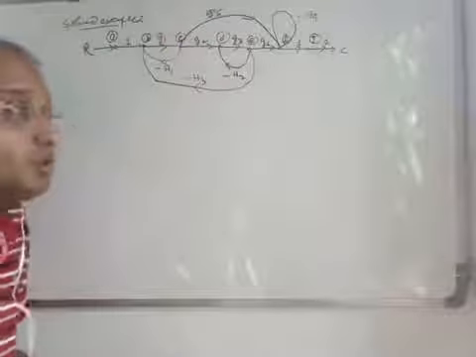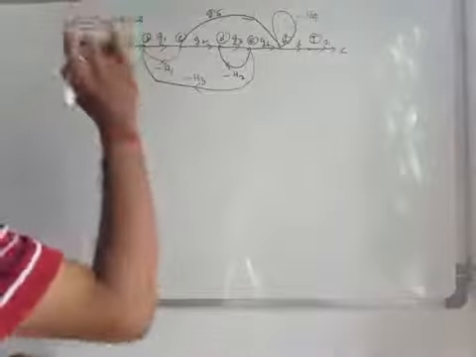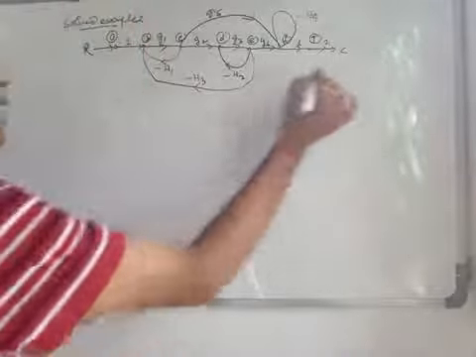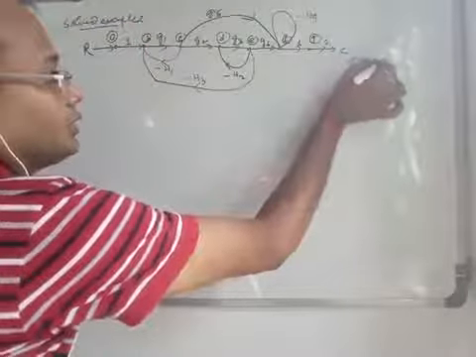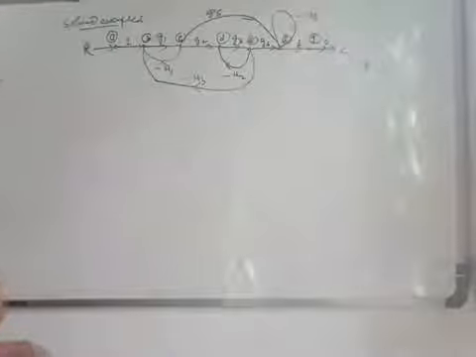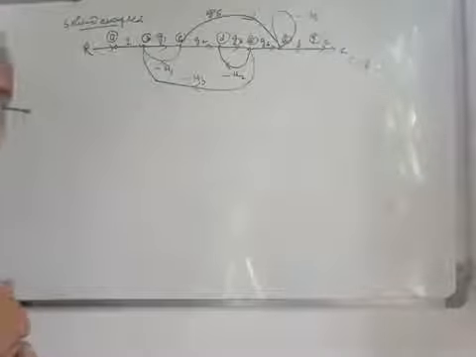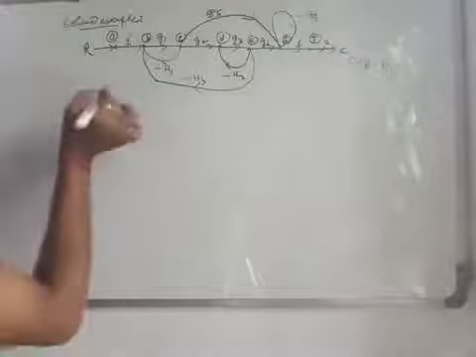So here we will find out how to get C by R. This is our motto, by using Mason's gain formula. We already know about Mason's gain formula, so now it is a bit easier for us.